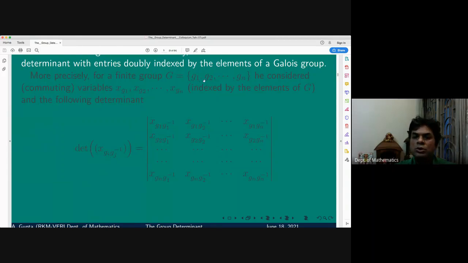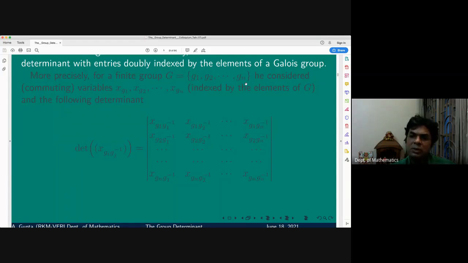So g1, g2 up to gn is some kind of an enumeration of the group elements, and you are then writing down this matrix of the variables x_{g1} up to x_{gn}. You can see it's not difficult that the first row contains all the variables x_{g1} up to x_{gn} in some order. It can be x_{g1}, x_{g2}, or some other order.